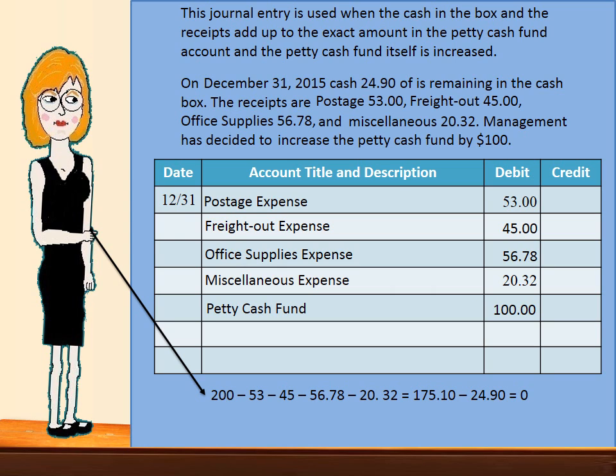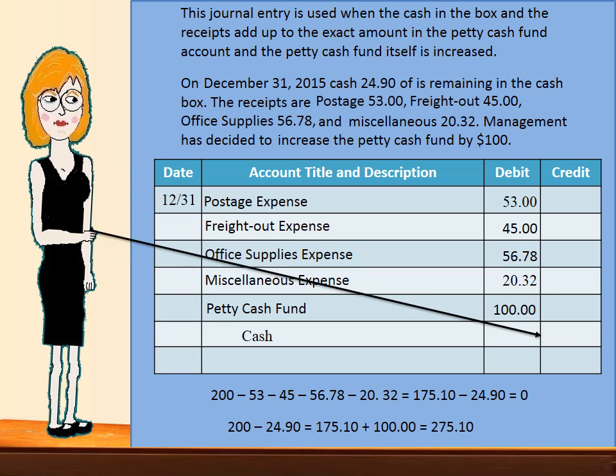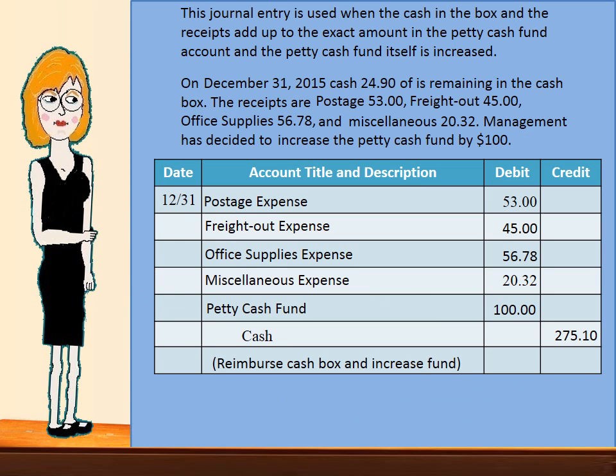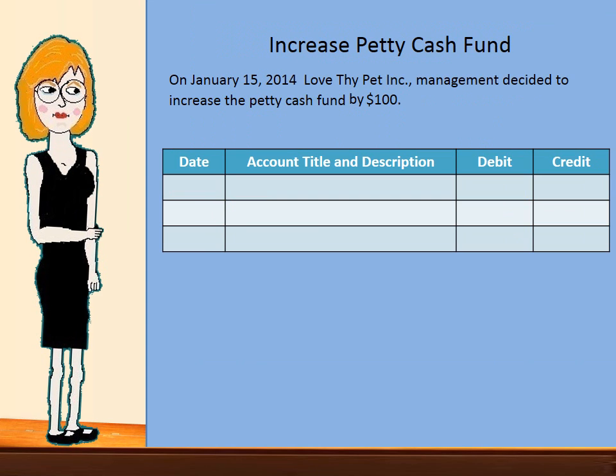You're still going to determine that there's a zero expense or shortage or overage, and then you're going to add the $100 in order to determine the amount of cash to put in the box. This would increase the petty cash fund. This is the only time you will debit petty cash, is when you either increase the account or open it. And then the explanation, reimburse cash box and increase fund.